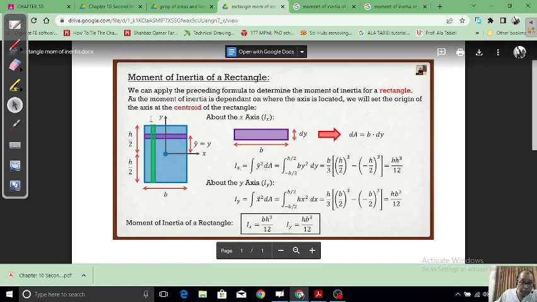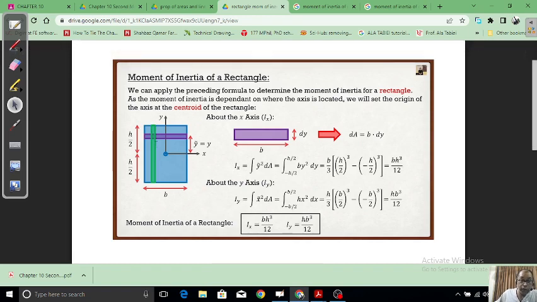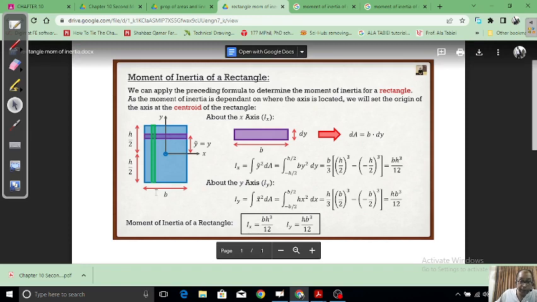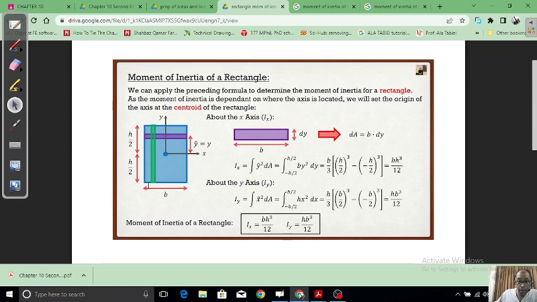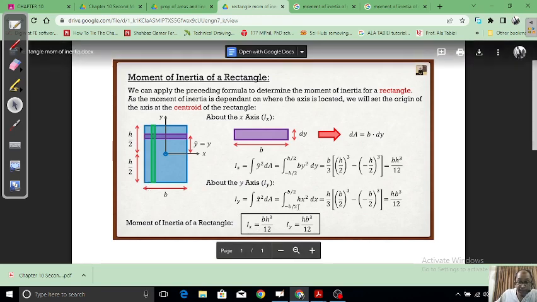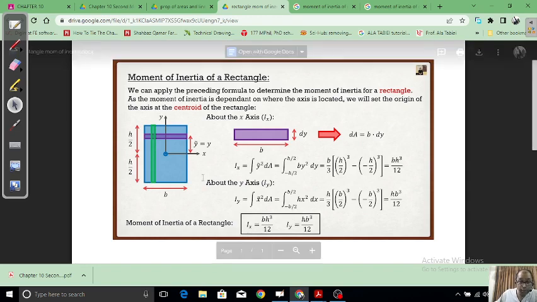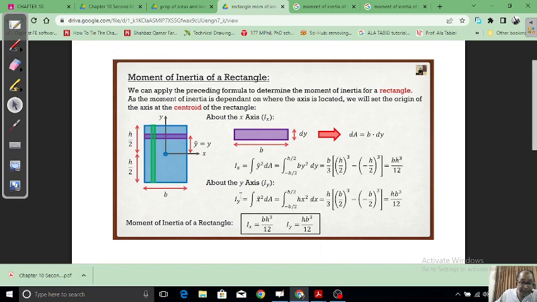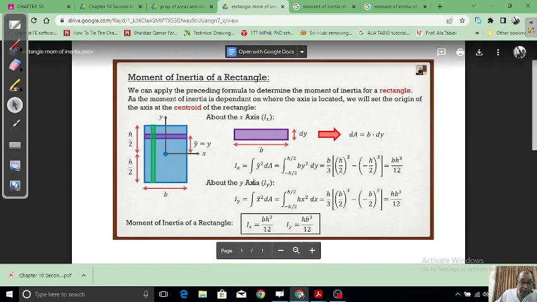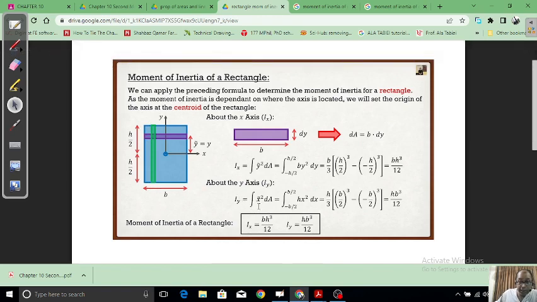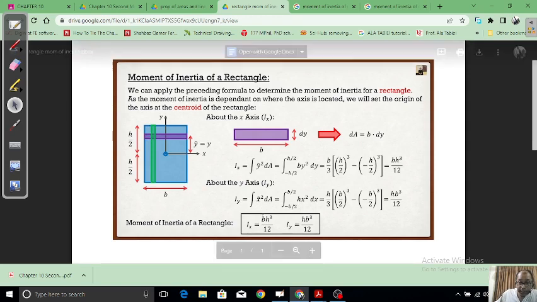Now if we take a vertical strip in order to calculate Iy, the area comes out as h dx. The height of the strip is h and the width is dx. You put it in the integral of x tilde square times dA, and you get Iy as h b cube over 12.